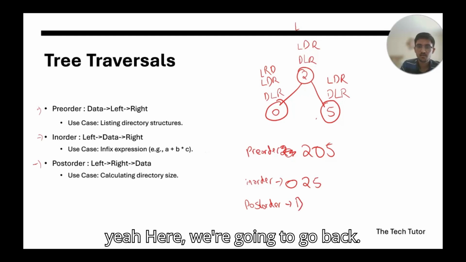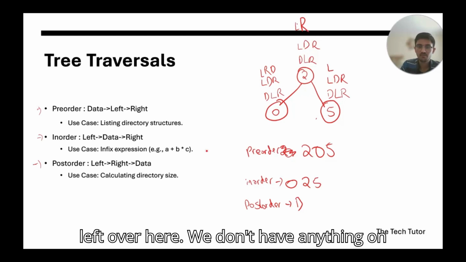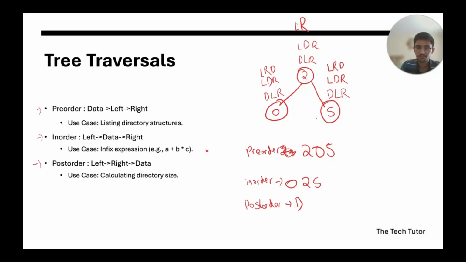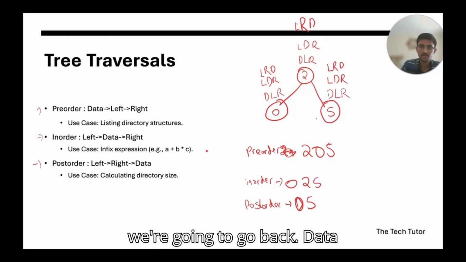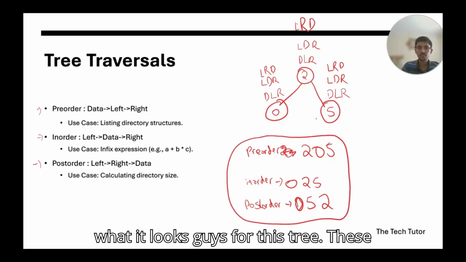Here we go back, right. Now we go left. Over here we don't have anything on the left, and we don't have anything on the right. Then we say data. So 0, 5, and then we go back. Data: 0, 5, 2.